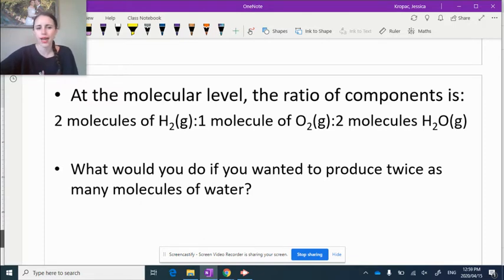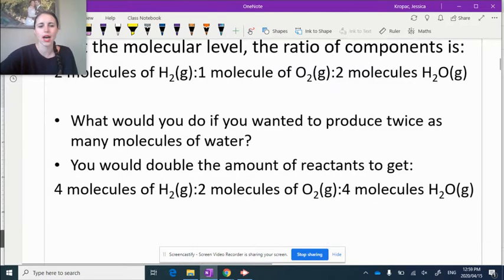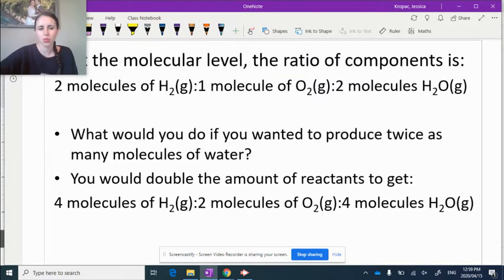So first question we could ask, what would you do if you wanted to produce twice as many molecules of water? Well, let's think about this. If I wanted to produce 4 instead of 2 water molecules, that would mean everything else would double. So rather than having 1 oxygen, I would have 2.